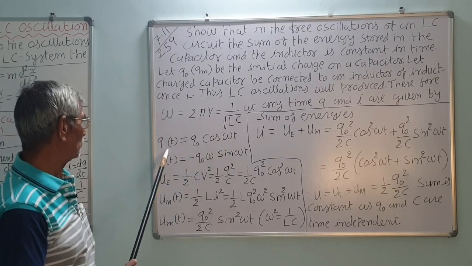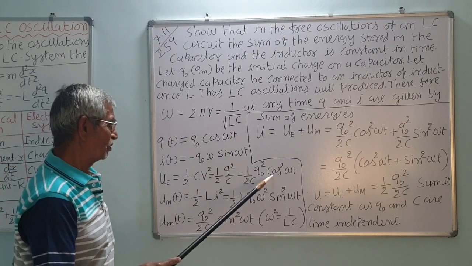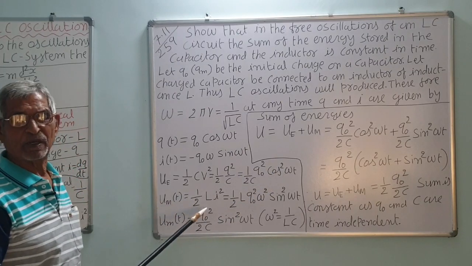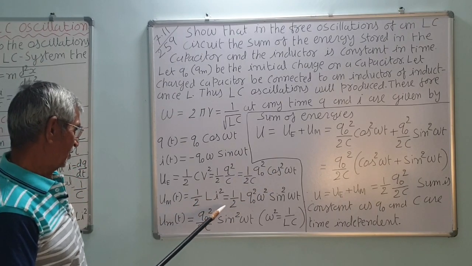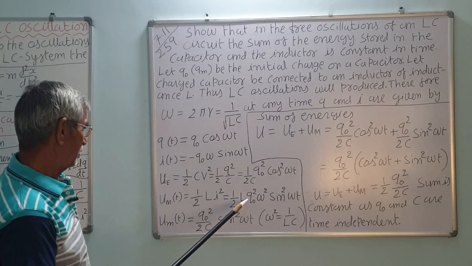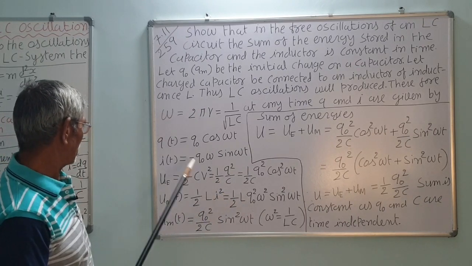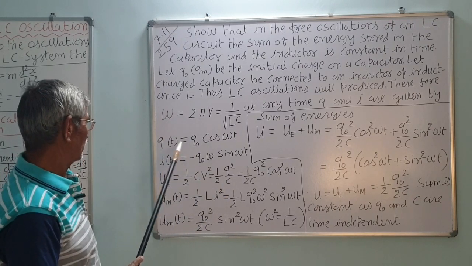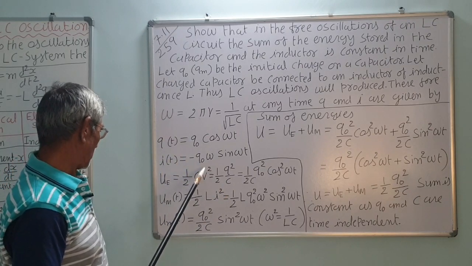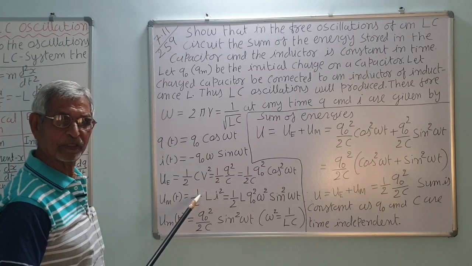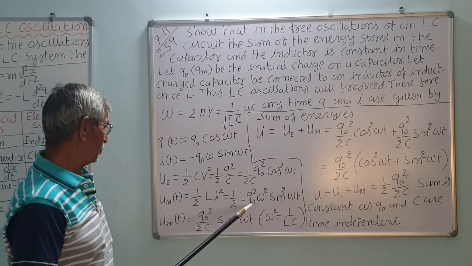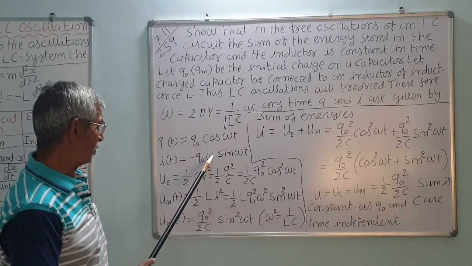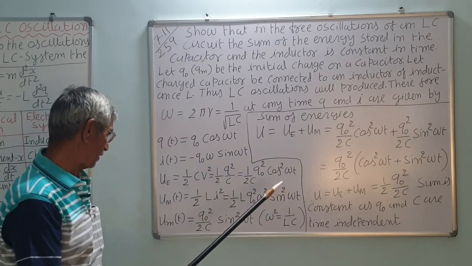So, the square of Q is Q0 square cos square omega t. Magnetic energy is given by half L i square, that is equal to half L times Q0 square omega 0 square sin square omega t, where the minus sign goes away on squaring.